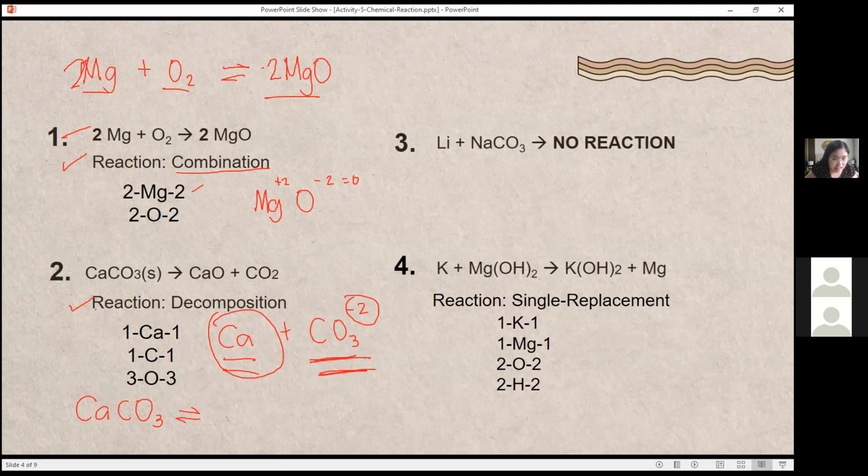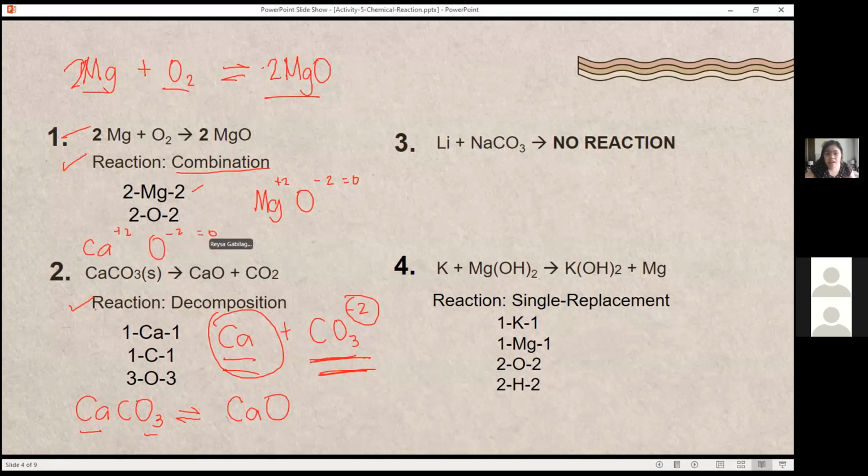So kung titingnan natin si calcium carbonate, we can actually have the calcium oxide. So calcium and then isang oxygen dito. Isang oxygen lang. Bakit? Kasi calcium is positive 2, oxygen is negative 2. So positive 2 plus negative 2 is equal to 0.